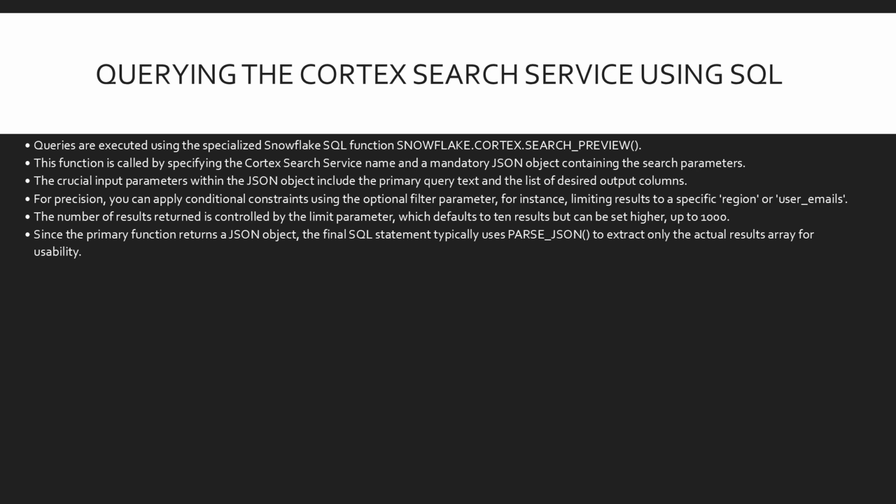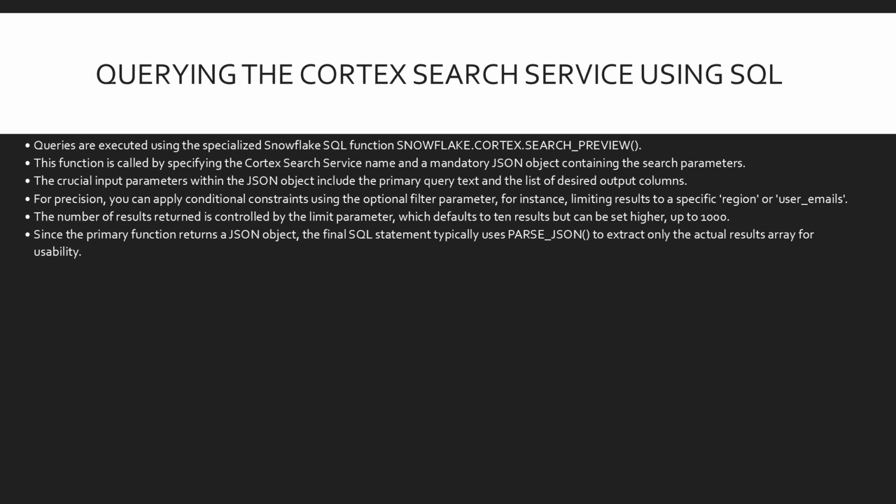This object serves as the container for all specified search parameters and configurational inputs needed for execution. The two fundamental and crucial input parameters required within this JSON object are the actual query text, which represents the user's natural language search term for semantic analysis, and a carefully prepared array listing the desired output columns, which dictates exactly what data fields should be extracted and returned from the matching index documents.